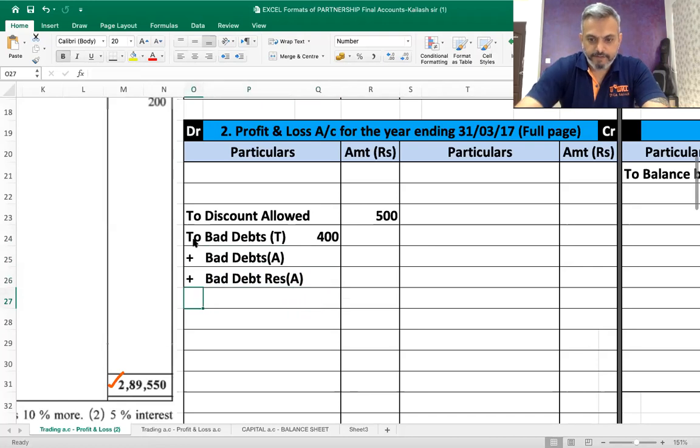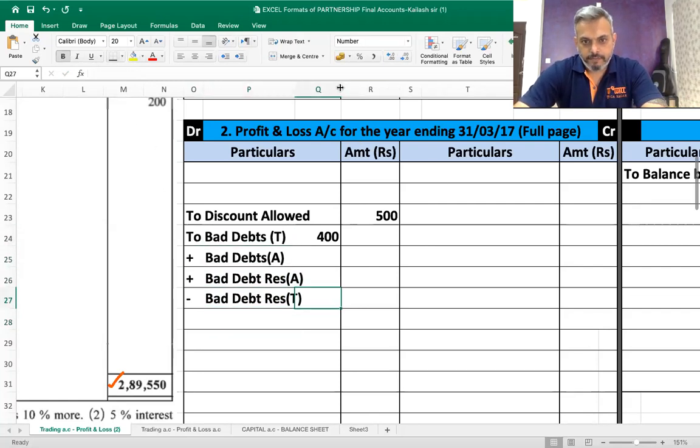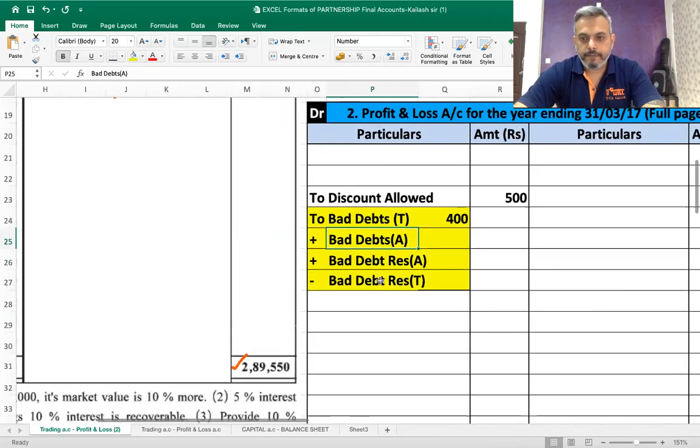Okay, so minus bad debt reserve as per trial balance. This is the format for bad debts in profit and loss account. Important format.